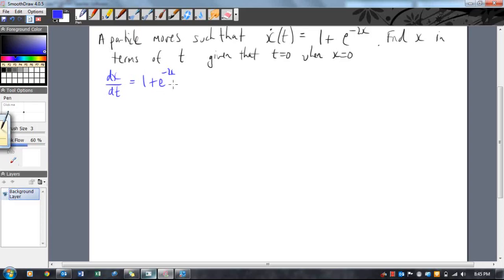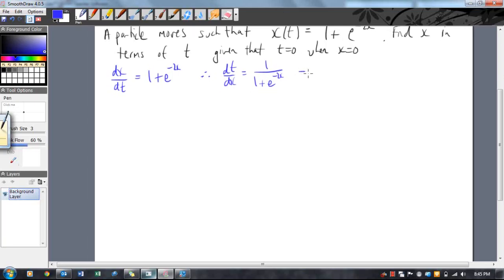Well, in this form we can't, but because we want the bottom line of our derivative to be the variable, what we need to do is flip this upside down. So dt dx is equal to 1 over 1 plus e to the negative 2x. Therefore, time is equal to the integral of 1 over 1 plus e to the negative 2x dx. So all you need to do is solve that.